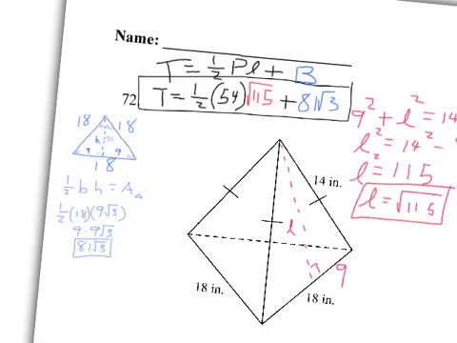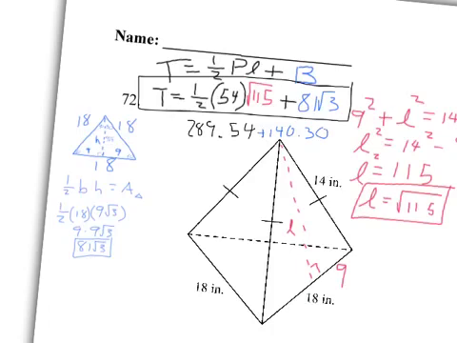All right, from here now, I've got everything plugged in. The next step here is really just to go to the calculator. So let's do the square root of 115. I'm just doing this in my calculator off on the side, and I'm going to times that by 54, and then also times that by 1/2, and that gives me about 289.54, plus the area of the base we said was 81 rad 3, which is about 140.30.